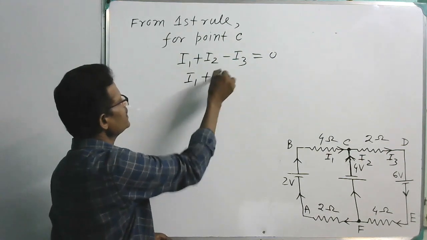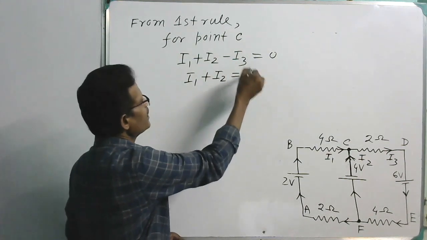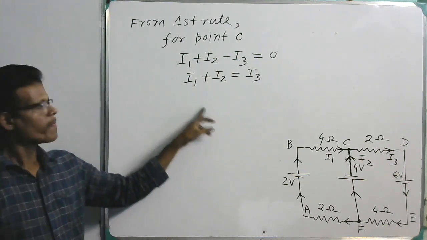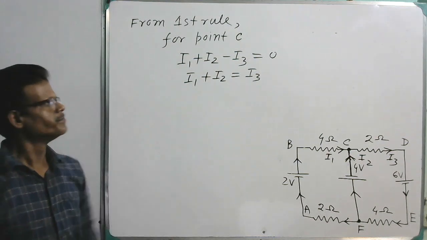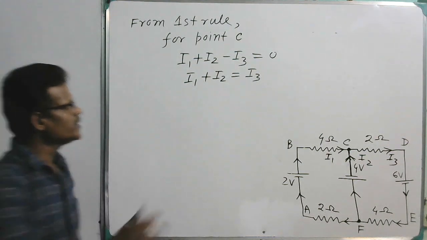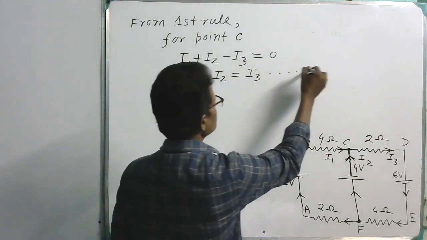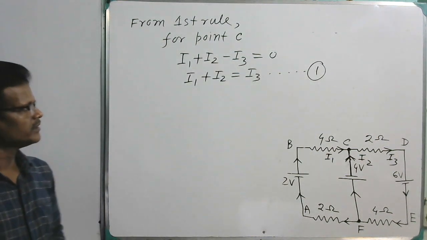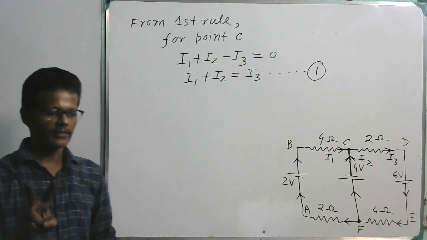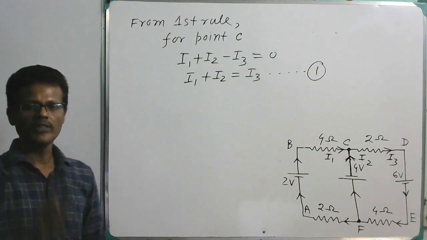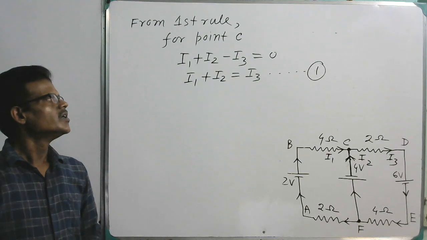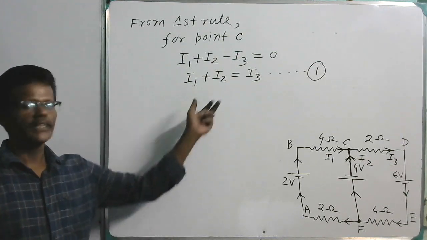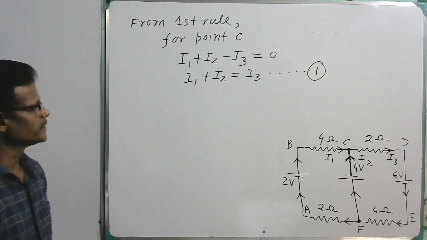There are three unknown variables, I1, I2 and I3. We already have one equation, equation 1, so we require two further equations. In total there will be 3 equations, so you can calculate the 3 unknown variables.